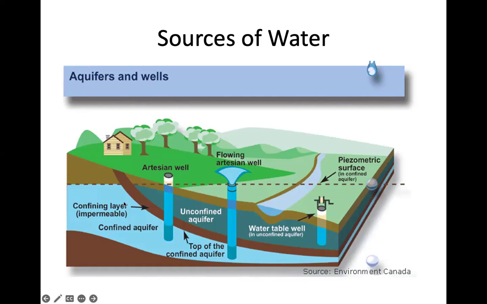Some is also confined in impermeable areas, and there's also some on top of the confined aquifer. All this water comes together to exhibit what we call the aquifers and wells. These are the sources of water that we have. These include waters that are found in streams, springs, lakes, and even the sea.